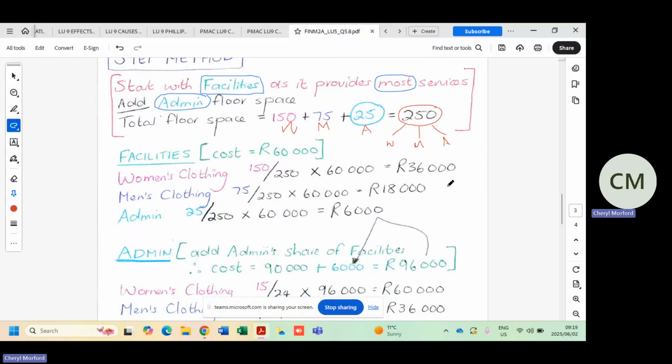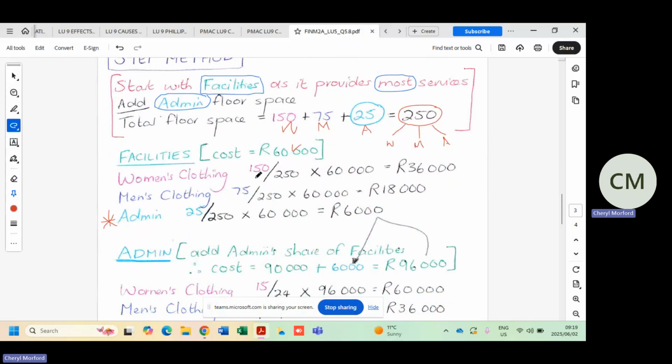The direct department cost of facilities is still the 60,000. Now we're going to do the same as before, but we're going to include a third one, and that is the other service department. So we're going to split the 60,000 three ways based on each ratio of floor space.